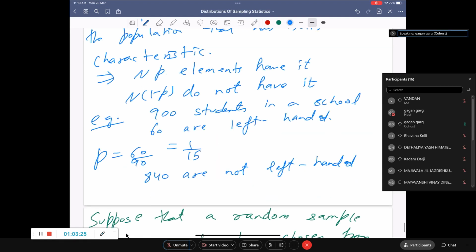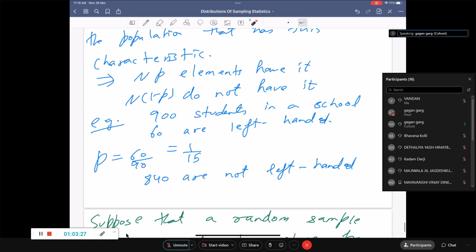So let's say if we talk about the school example, the school has 900 students. Let's say you choose a random sample of 20 students. So you have x1, x2, x3 up to x20. x1 will be 1 if the first student is left-handed, otherwise 0. x2 will be 1 if the second student is left-handed, otherwise 0. Similarly, x20 will be 1 if the 20th student is left-handed, otherwise it will be 0.